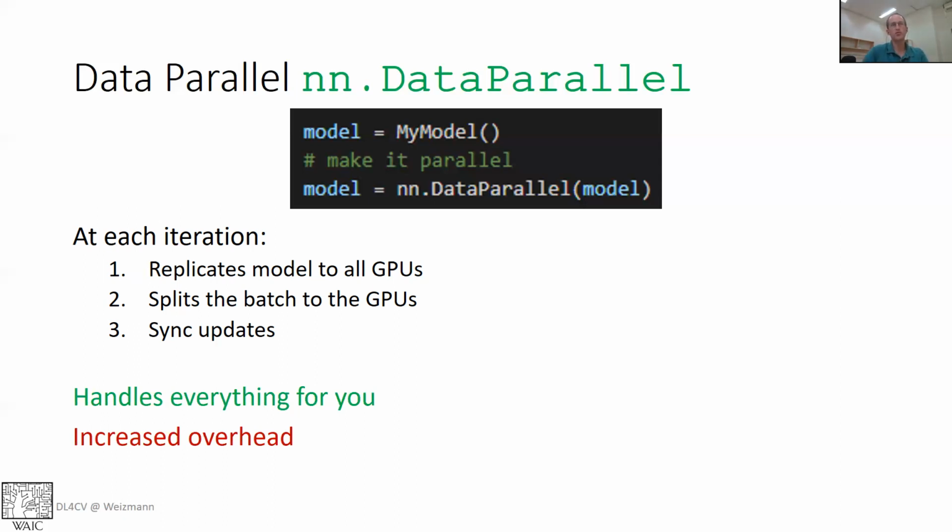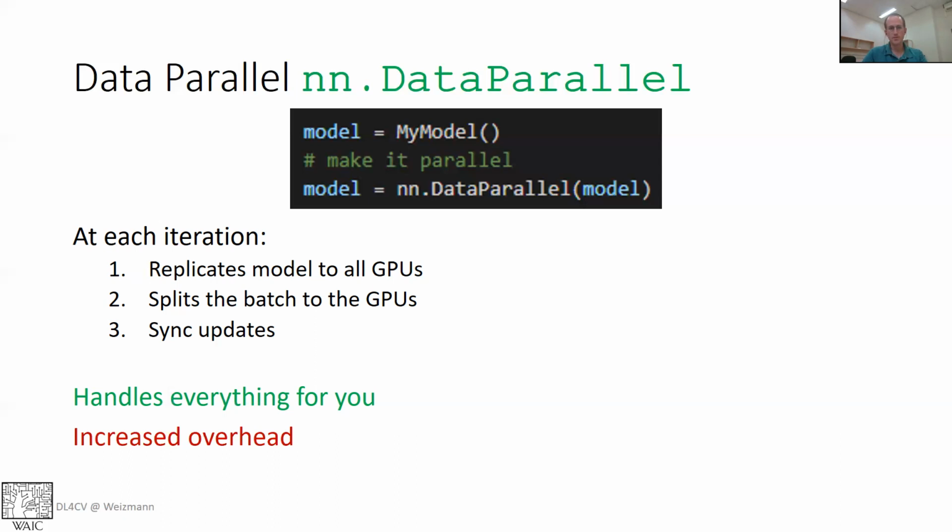It doesn't give you fully optimized code because it has this synchronizing of the entire model back and forth. It's using threads instead of independent processes, and we will see that in a minute. And this makes it not very optimized in terms of runtime. So if you really want to squeeze the most out of the many GPUs you have, you need to do something that requires more effort on your part.